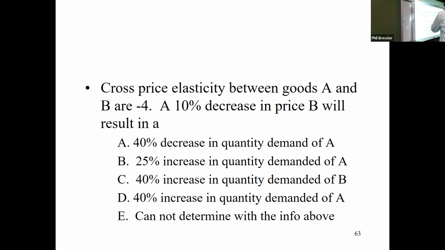All right, so the cross price elasticity is -4 equals the percentage change in quantity. Did they give that? They didn't give it, right? So that's X, right? What's the price? 10, right?